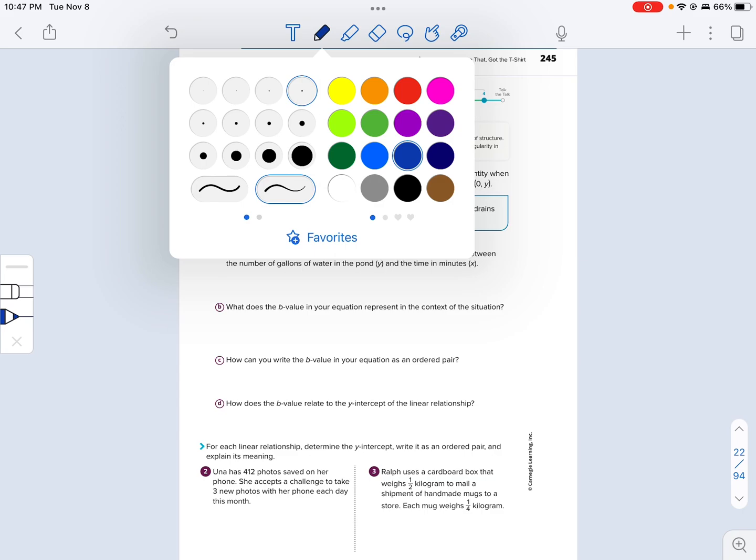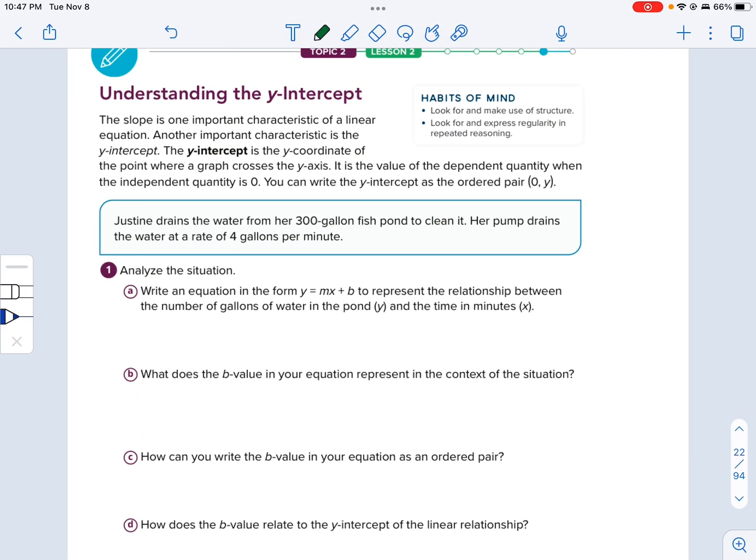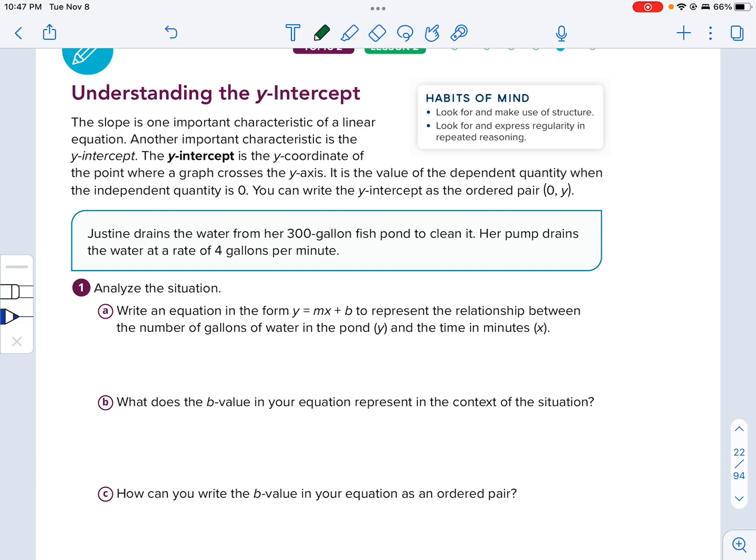I'm going to switch to, I don't know, green. Understanding the y-intercept. The slope is one important characteristic of a linear equation. Another important characteristic is the y-intercept. The y-intercept is the y-coordinate, we've talked about this, the y-coordinate of the point where the graph crosses the y-axis.